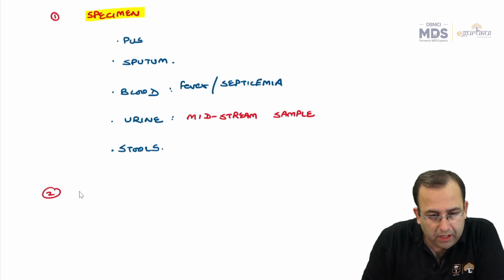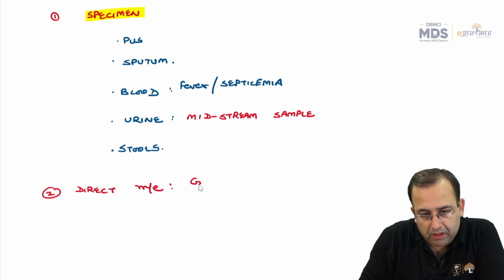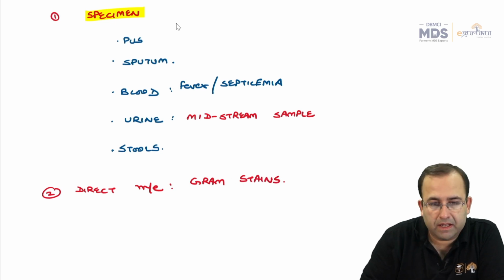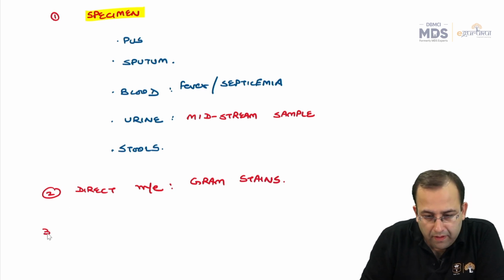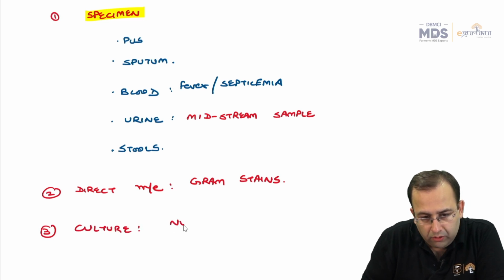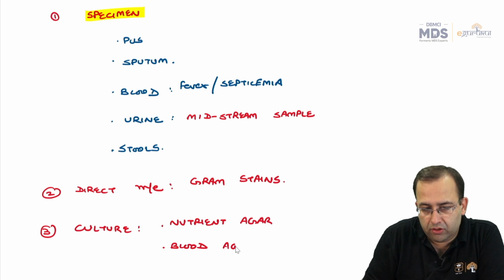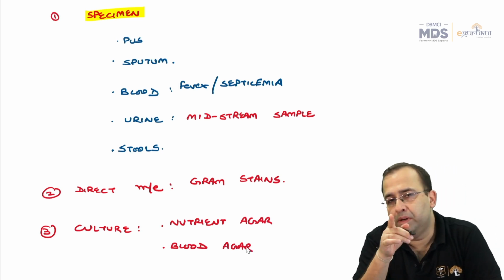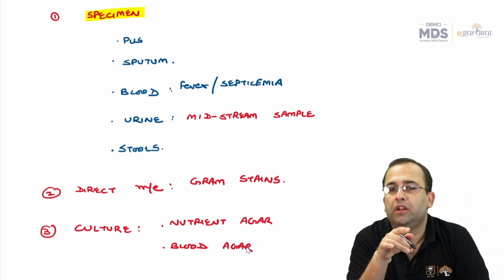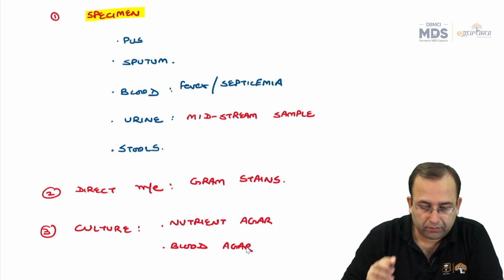We can see it under direct microscopy, that is by the use of Gram stain. It is gram-positive cocci present in clusters. Next, we can culture it on nutrient agar, which shows golden yellow colonies, or blood agar, where it shows beta hemolytic, that is complete hemolytic, pinhead colonies.